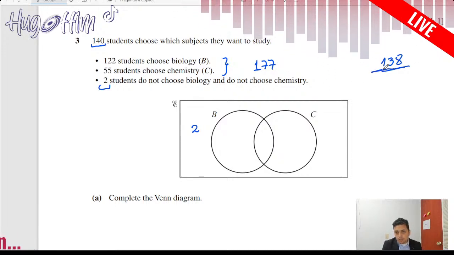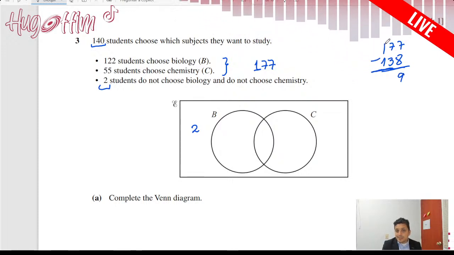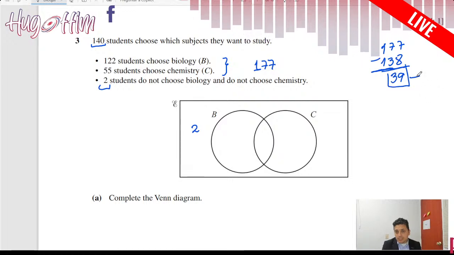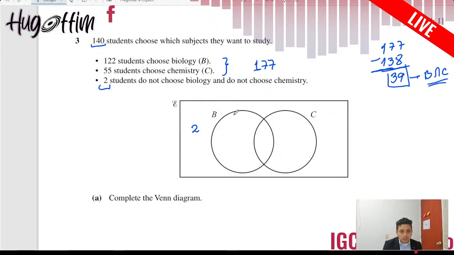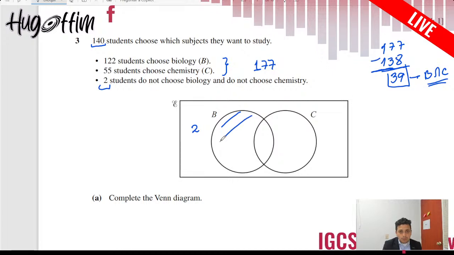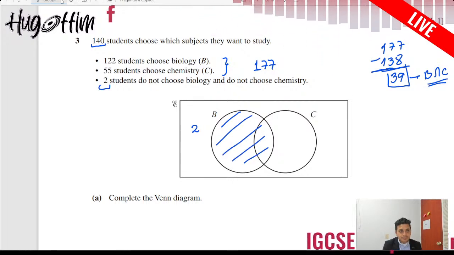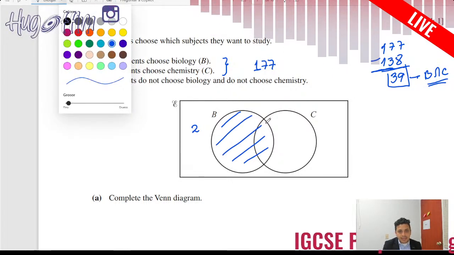So I'm just going to subtract the 177 students minus the 138. This is going to give me 39. So 39 students will be the intersection, the students that are in the intersection of biology and chemistry. Because if I add the biology students, I'm going to put it with blue, biology students, and let's put with red the chemistry students.